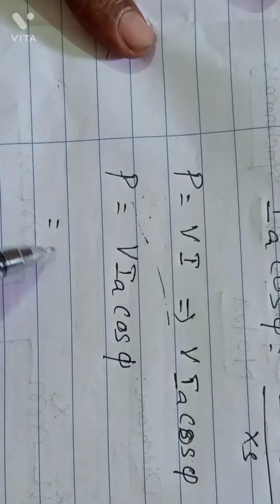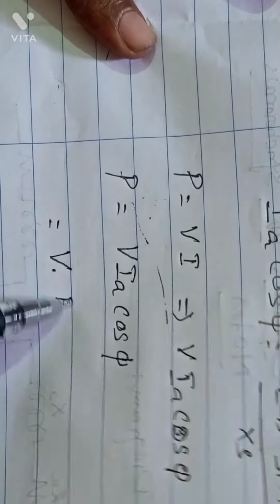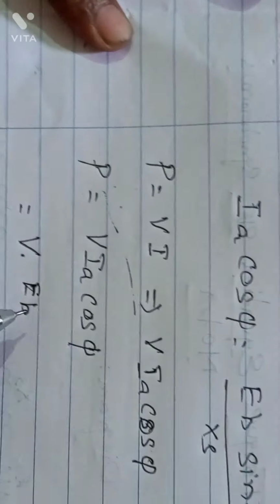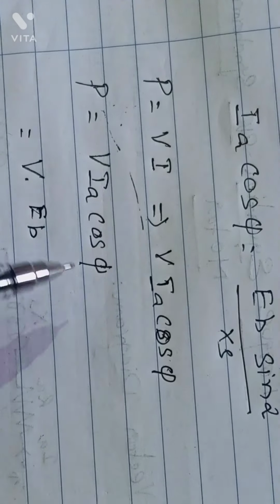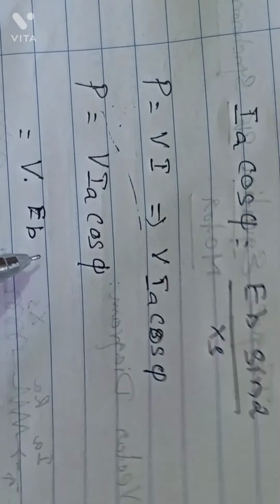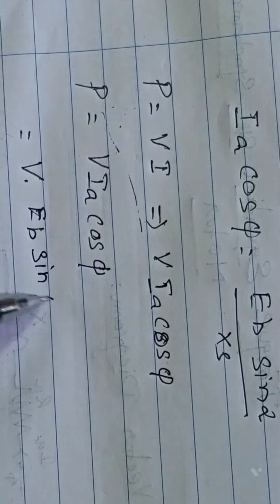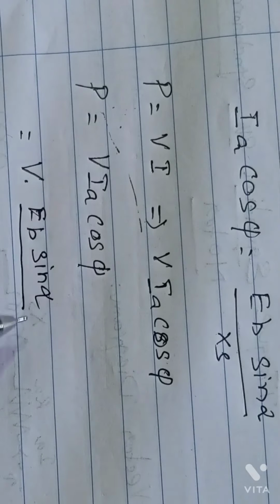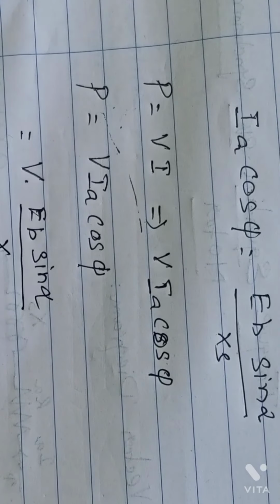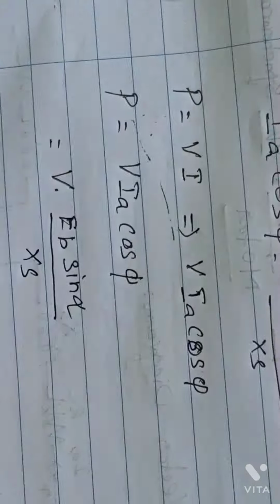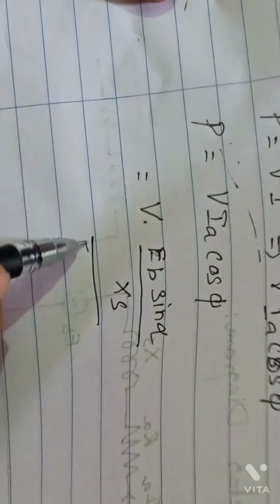What is IA cos phi? We found earlier, IA cos phi is equal to EB sin alpha divided by XS. So power is V into EB sin alpha divided by XS. Okay, now listen. So this is for single phase.